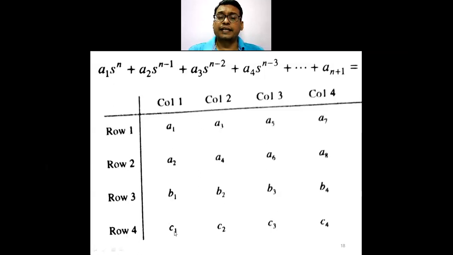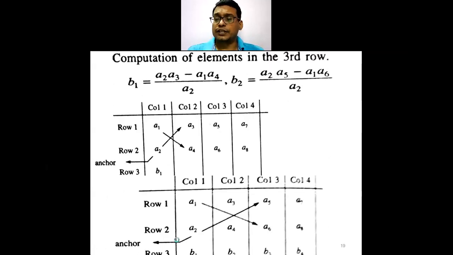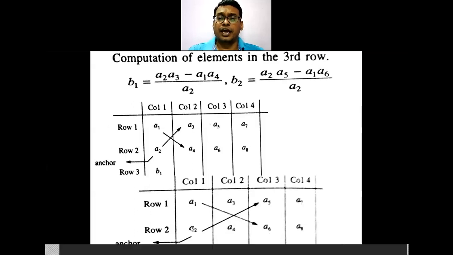The third, fourth, and subsequent rows are calculated using this formula: cross multiplying A2, A3 minus A1, A4 divided by A2 gives the value of B1. Similarly, B2 is obtained from A2, A5 minus A1, A6 divided by A2.